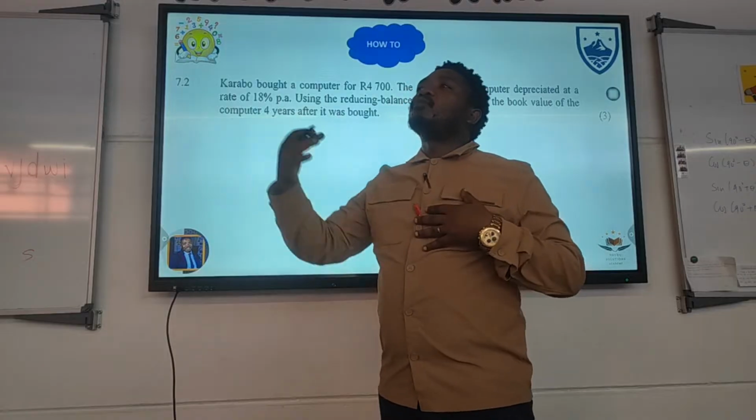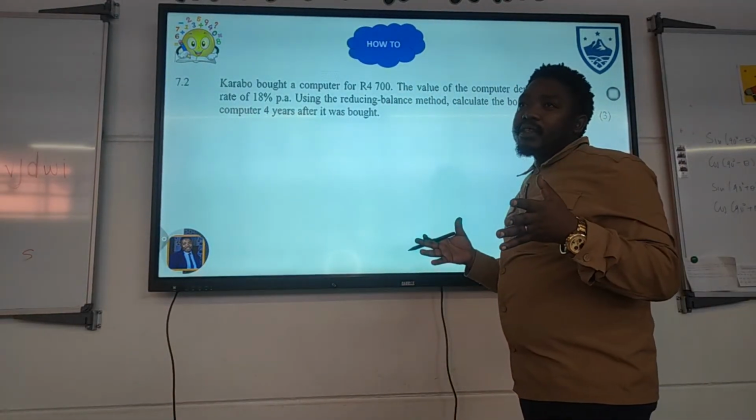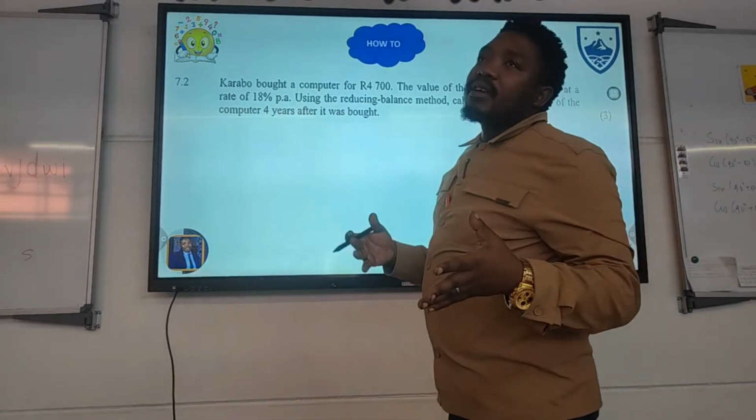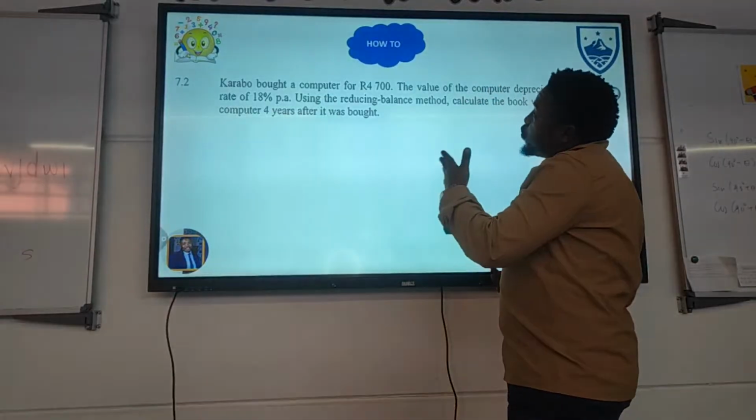So it means that in the future we will have the value of that, for example, of that tablet being reduced to a certain amount depending on the interest rate. So we're going to do problems of that kind.